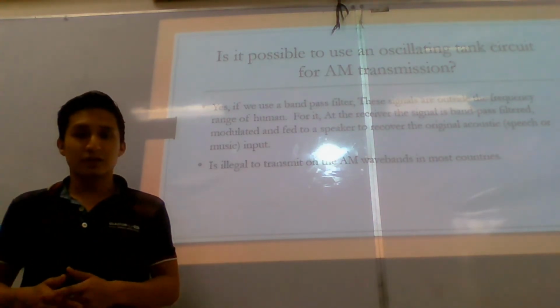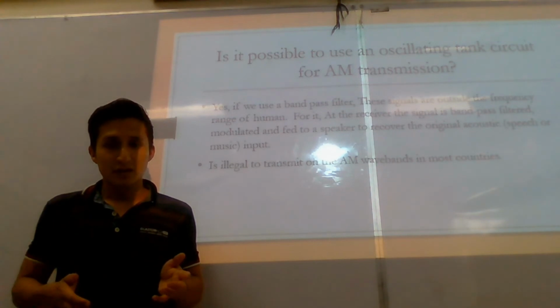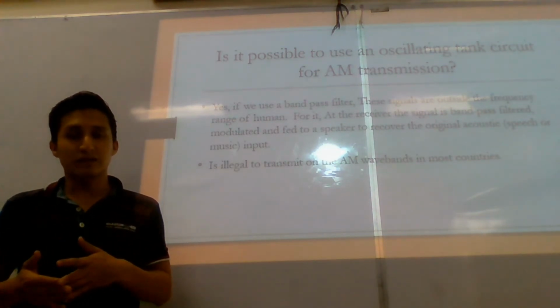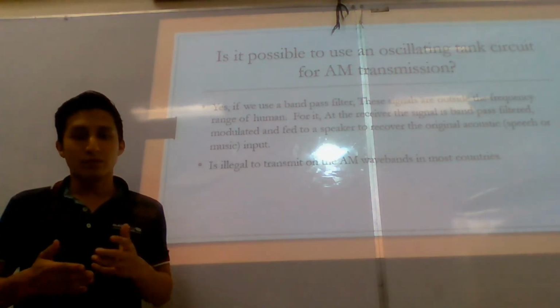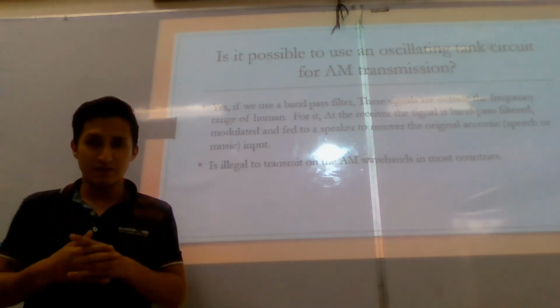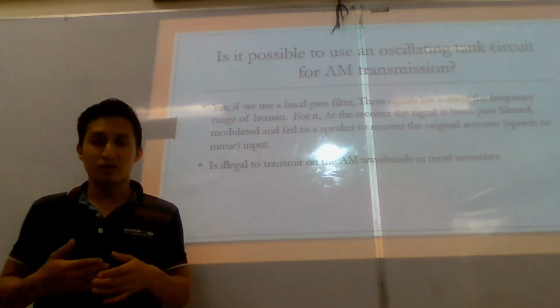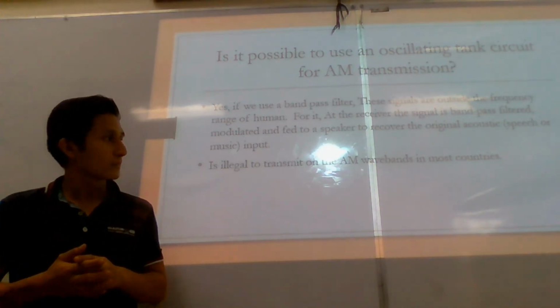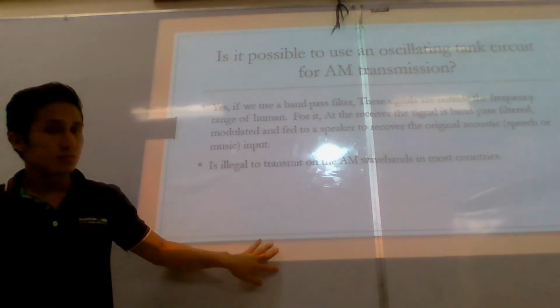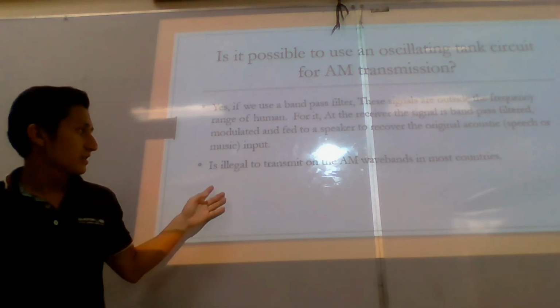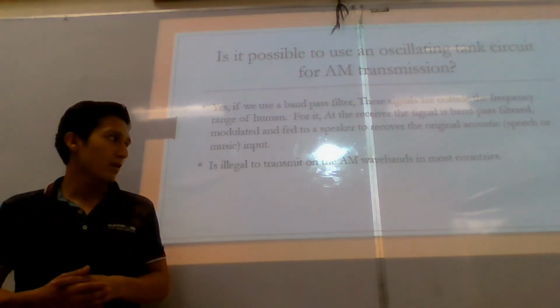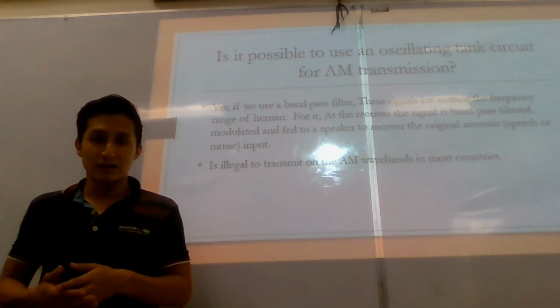At the receiver, the signal passes through a filter, is demodulated and fed to the speaker to recover the original acoustic signal. In most countries, it's illegal to transmit on the AM wave bands.